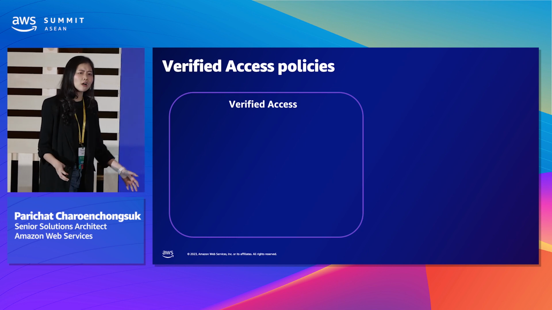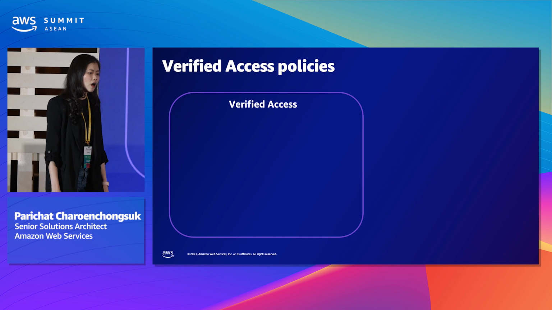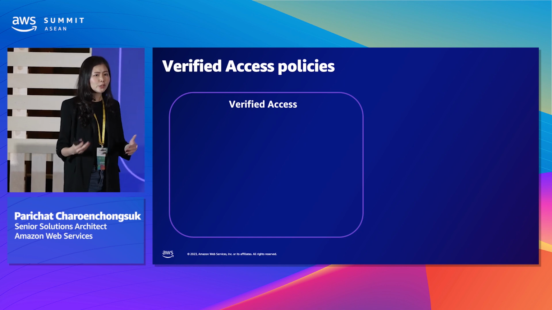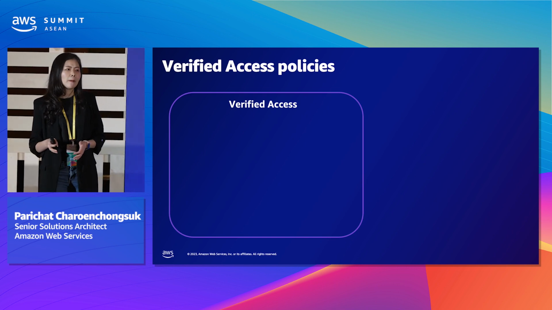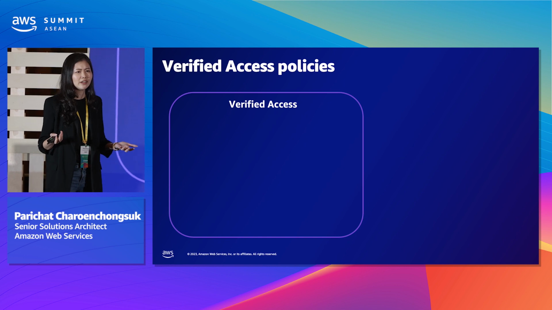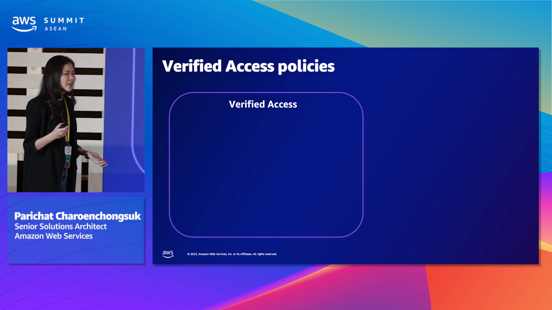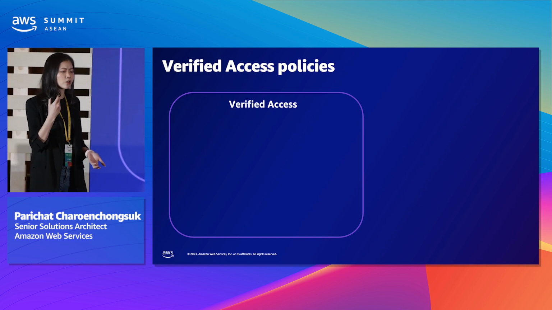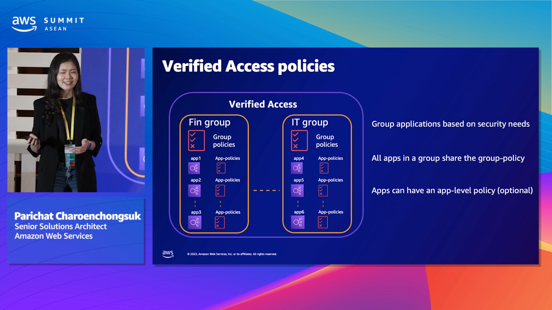So let's talk about Verified Access policy. Although we allow you to define a policy for each application, right? But imagine if you have 100 applications. You don't want to write 100 policies, right? Our recommendation is that you just group your applications that require the same security needs.